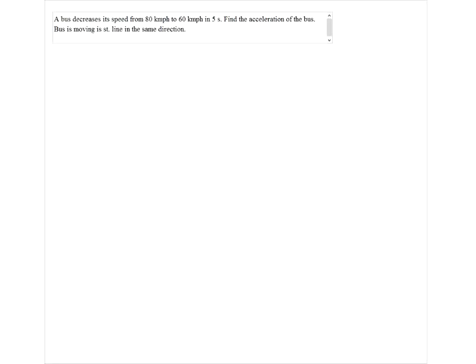This one is for you to try out, and I want the answer in meter per second square. So minus 1.11 meter per second square.